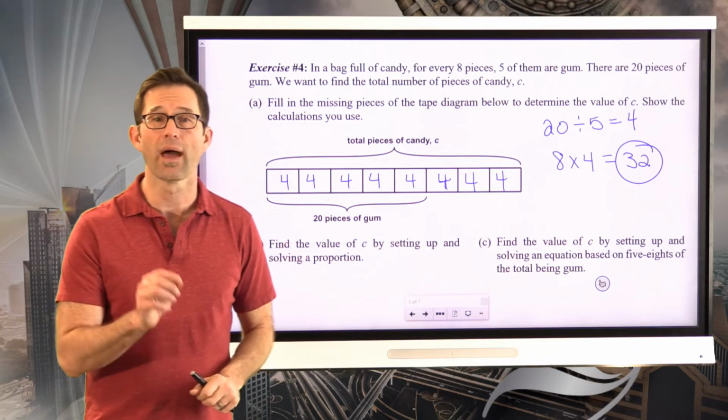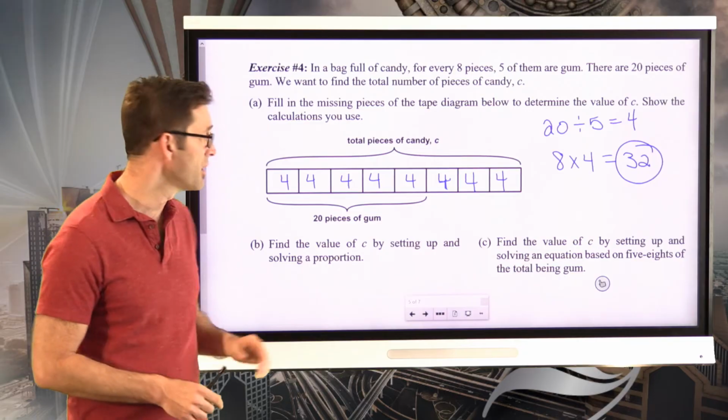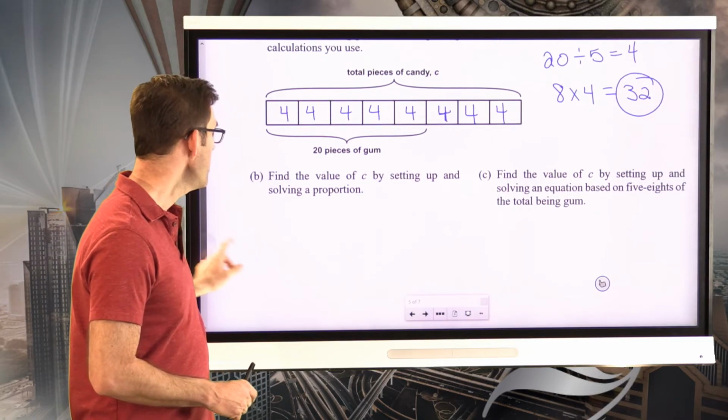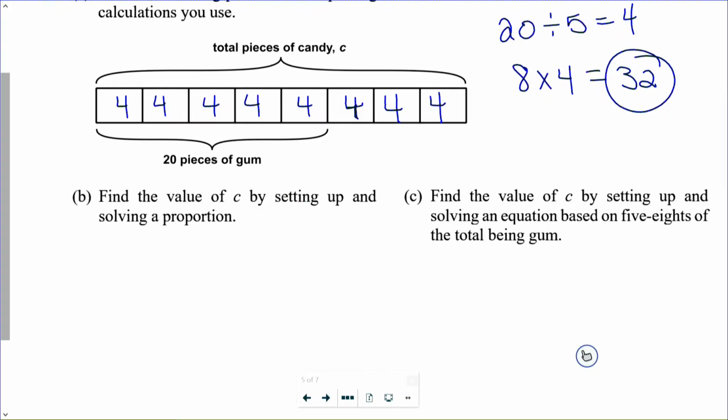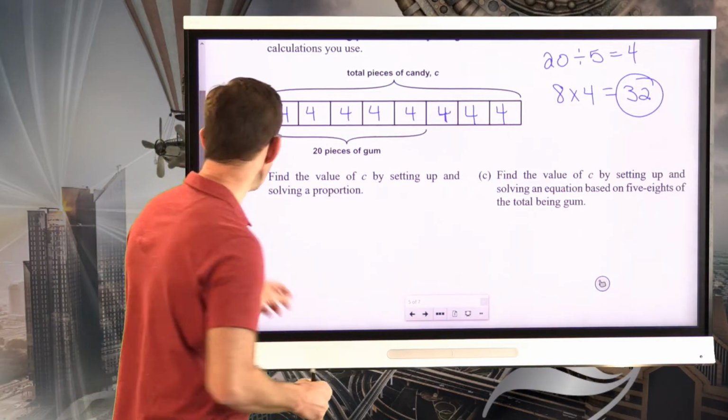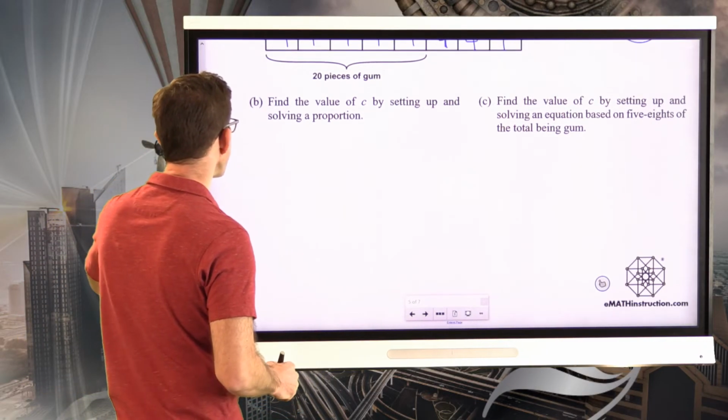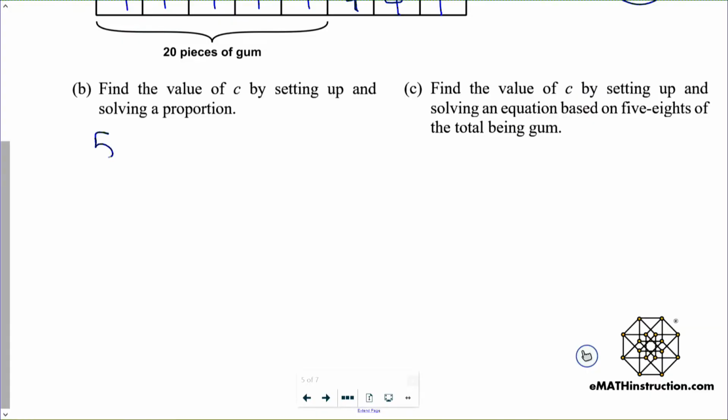Now, let's take a look at how this might work out algebraically. In letter B, it says, find the value of C by setting up and solving a proportion. All right, this is kind of cool, right? Because the proportion makes it quite simple to see. We know that we have 5 pieces of gum for every 8 total, right?